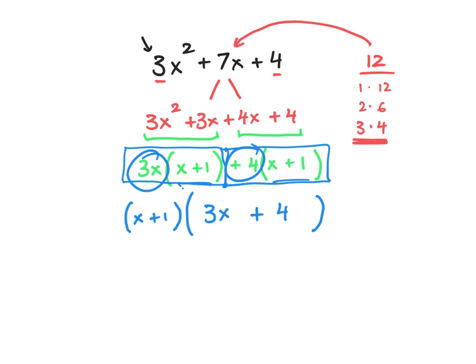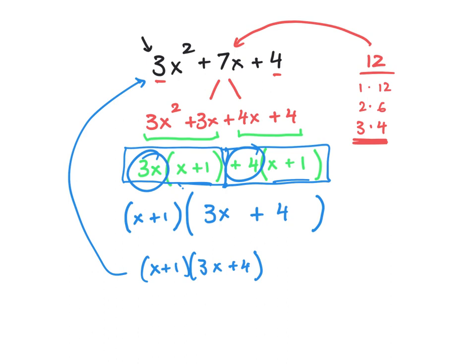And so that's my answer. It's x plus 1 times 3x plus 4. You can check it and FOIL it back out. It will ultimately return you to 3x squared plus 7x plus 4. But that is the process.